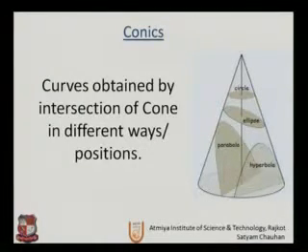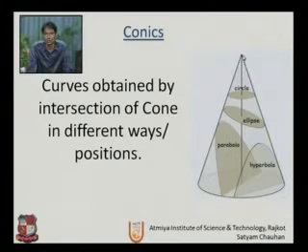First we have the base, then the topmost point, which is called the apex of the cone, and the sides. So how is the cone generated? An inclined line which is rotated about a fixed point, the apex, forms the cone.